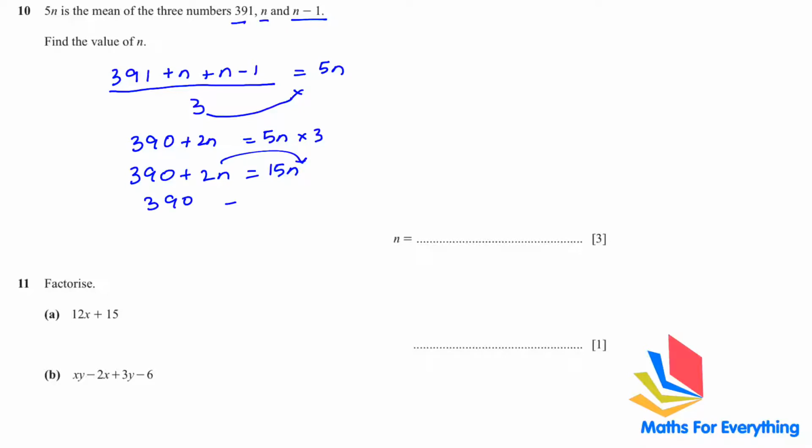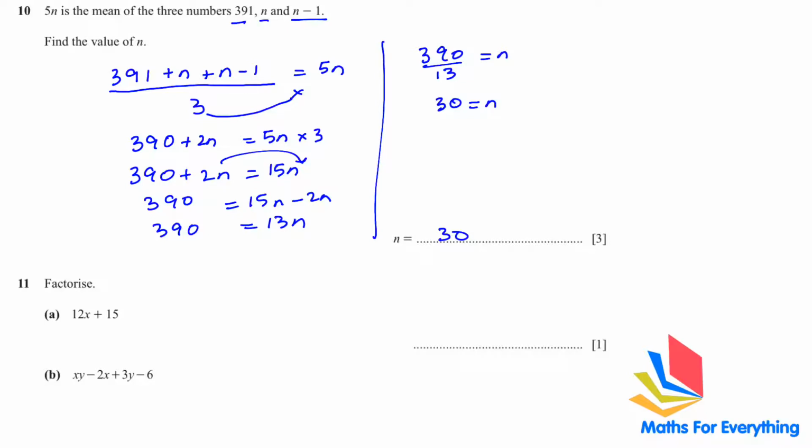It will be a negative 2n. 15n minus 2n. So 390 is equal to 13n. 390 divided by 13 is n. Therefore, n is 30.